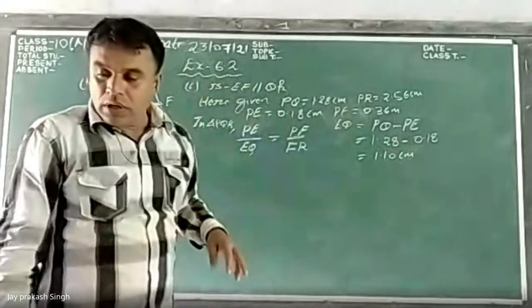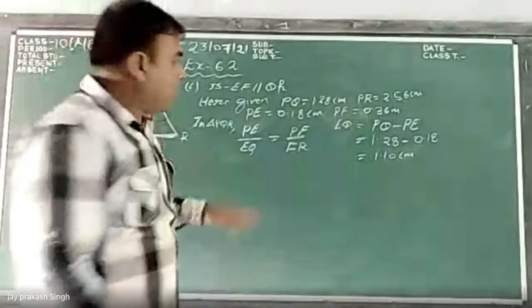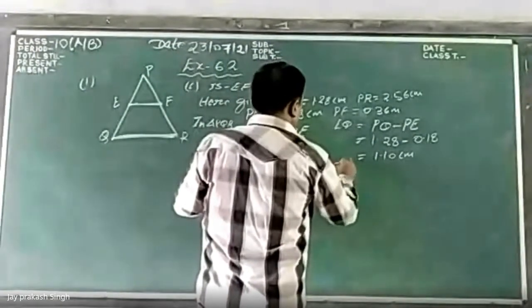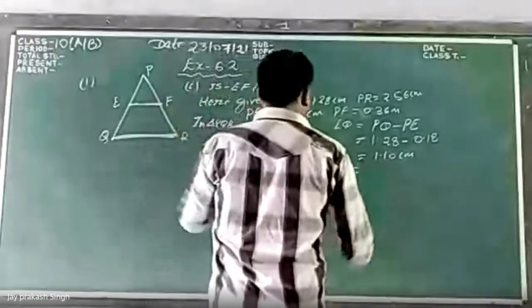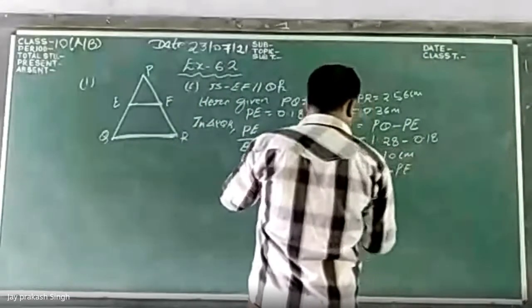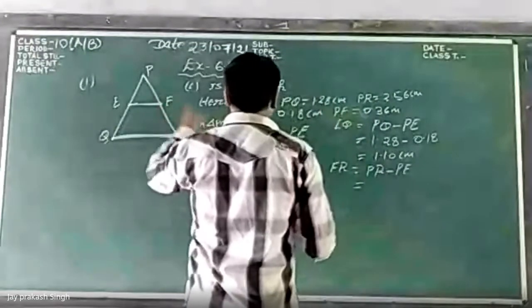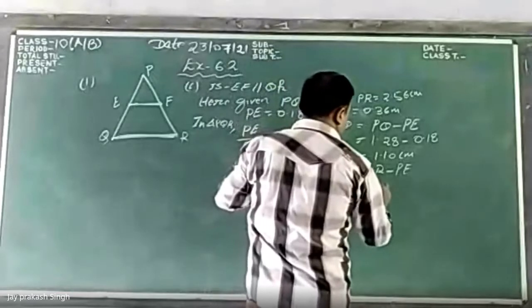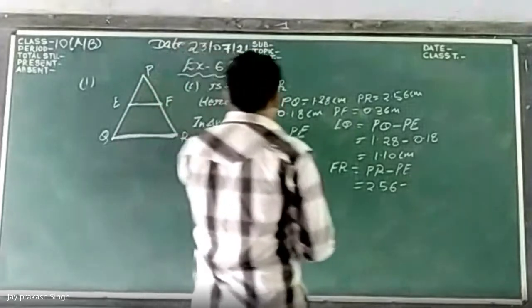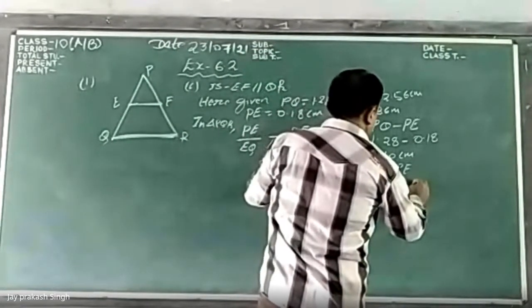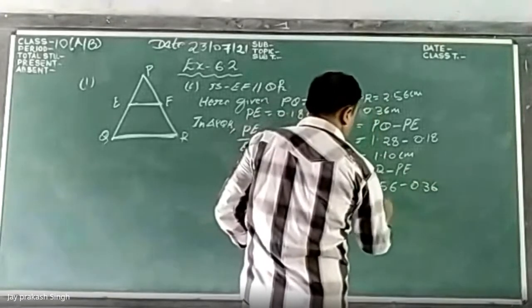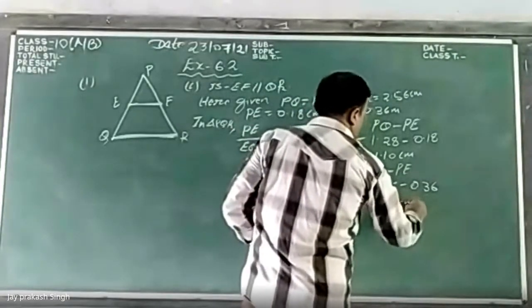And another one, again we find out PR. So PR is 2.56 minus PF, PF is given 0.36. So when we subtract it, we get 2.20.